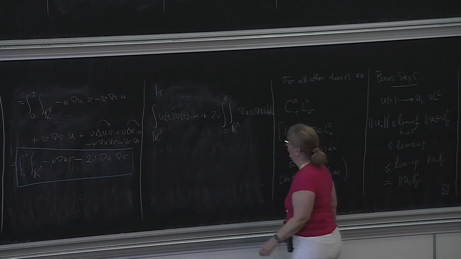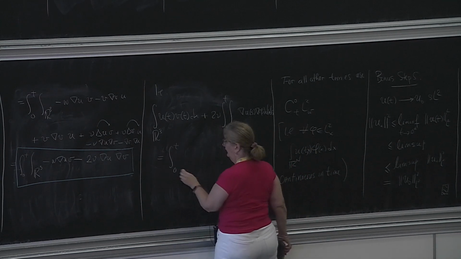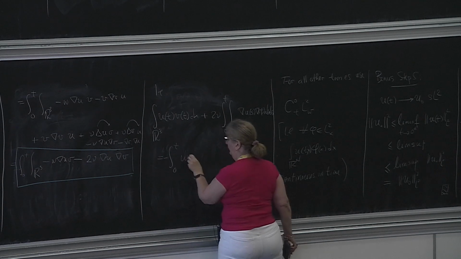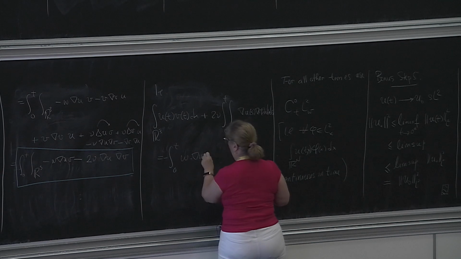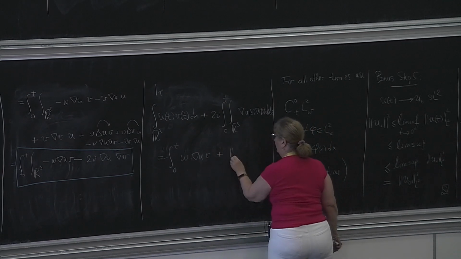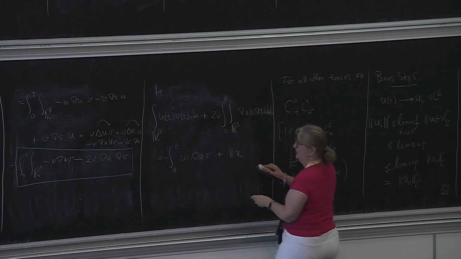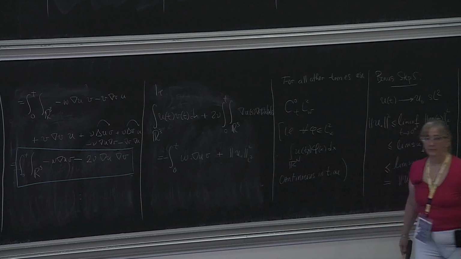This is equal to the integral from 0 to t minus w grad u times v plus u naught L2 squared. Okay?